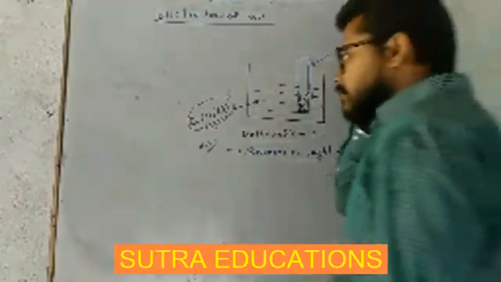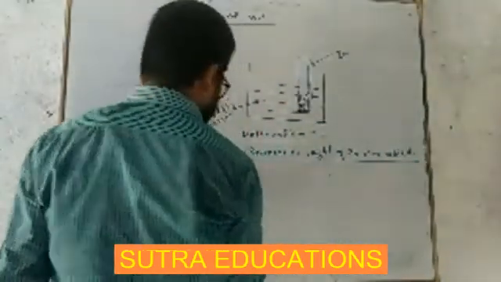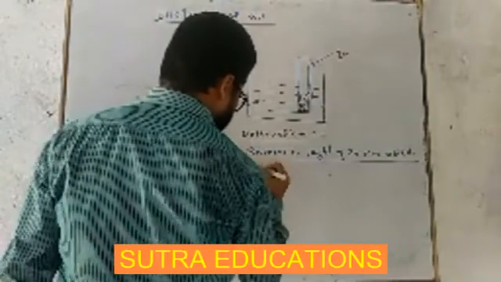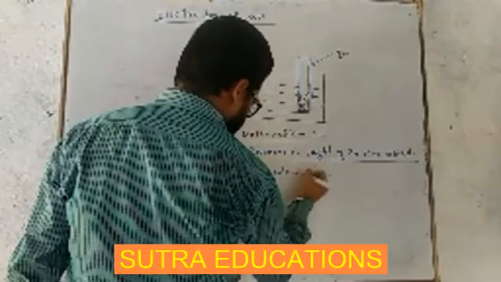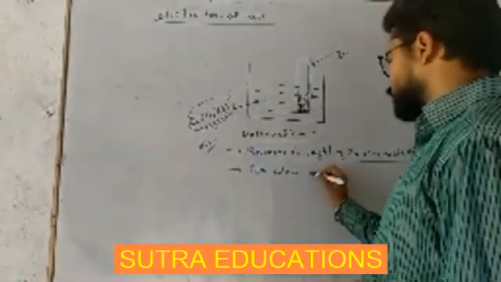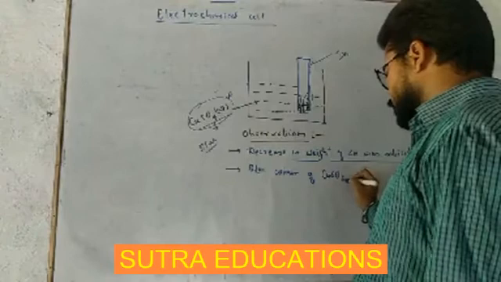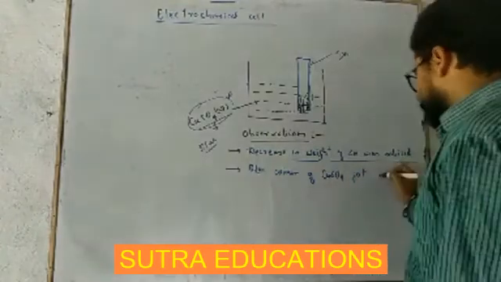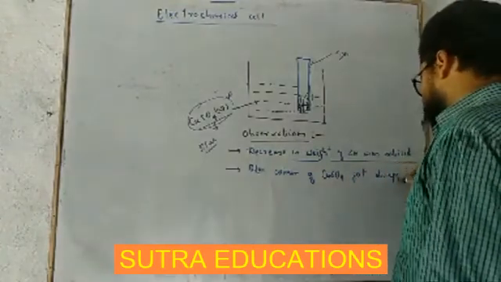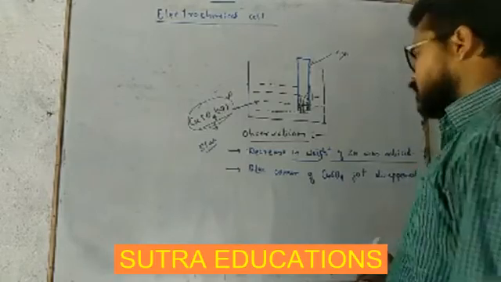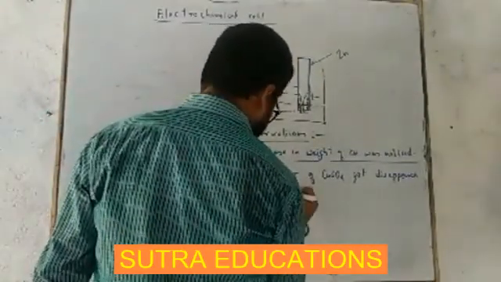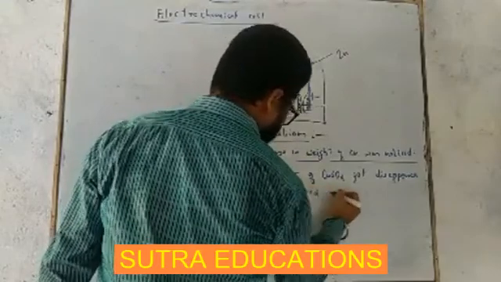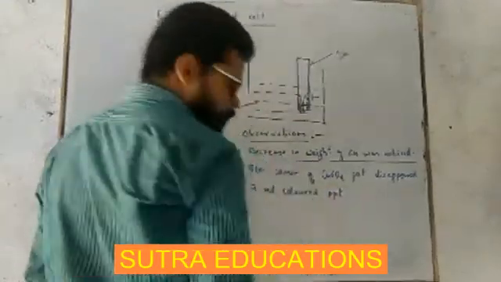Second observation was blue color of CuSO4 got disappeared. Third observation was a red colored precipitate was formed.